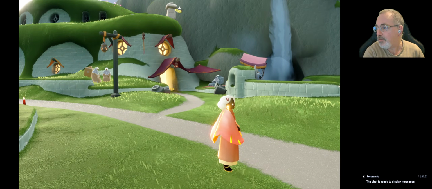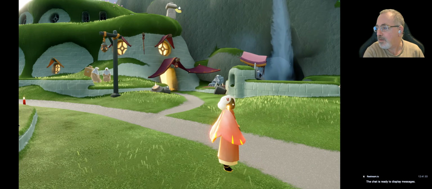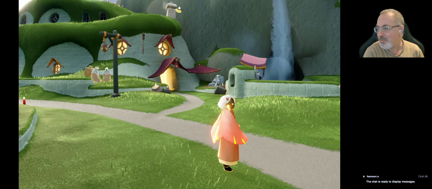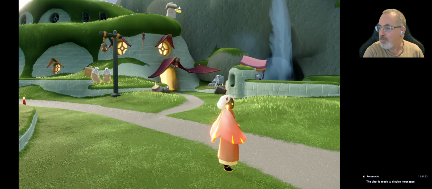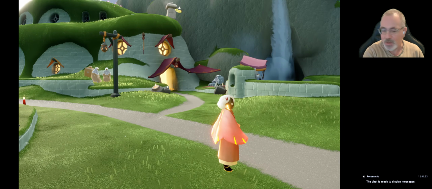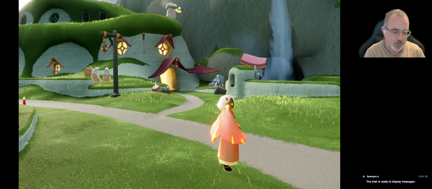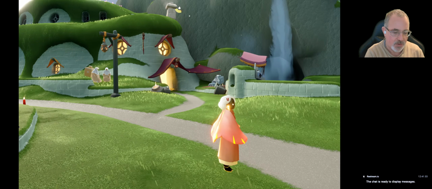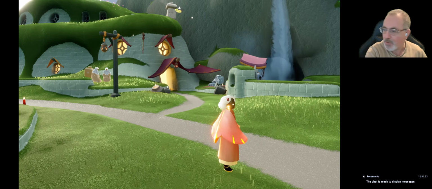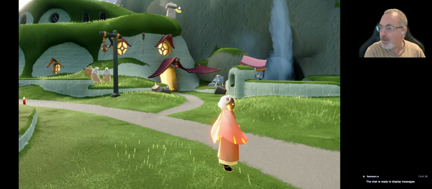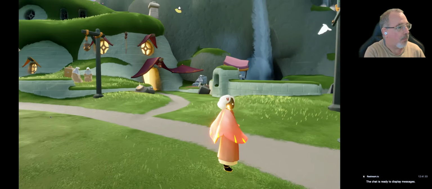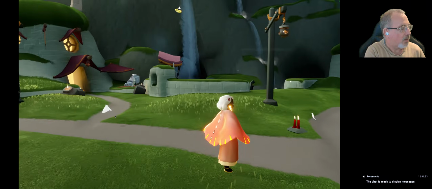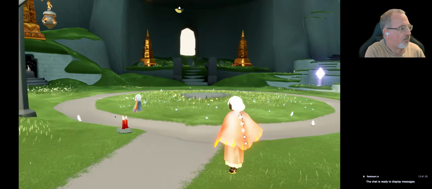I can look at the preview. I love my Magic Mouse, but not for games. It's not good for games. But it's very weird.